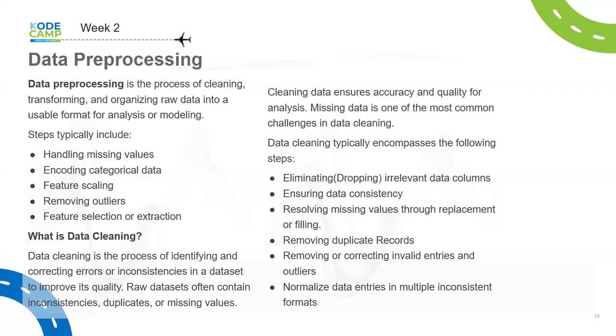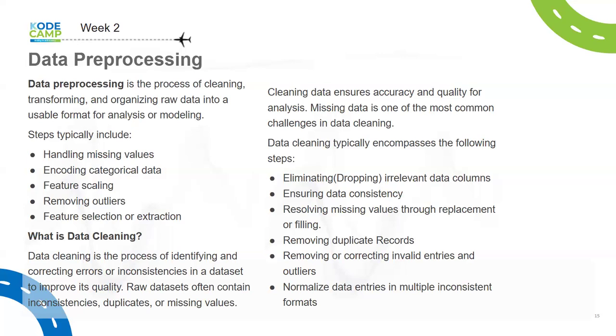The other thing they would cause is what we call gradient explosion, right? Exploding gradients and diminishing gradients. These are all challenges that you face when you're training models. So in order for you to not have those kinds of issues, you would do feature scaling. Then removing outliers. Perhaps there are some values that are too far away from the mean or from the center of the distribution of data. Then feature selection or extraction. So these are some of the things you could do.